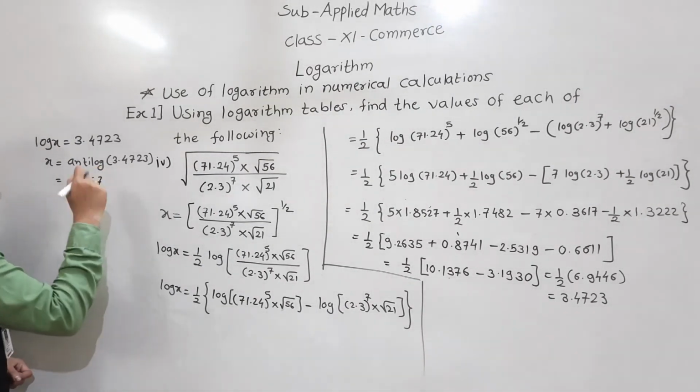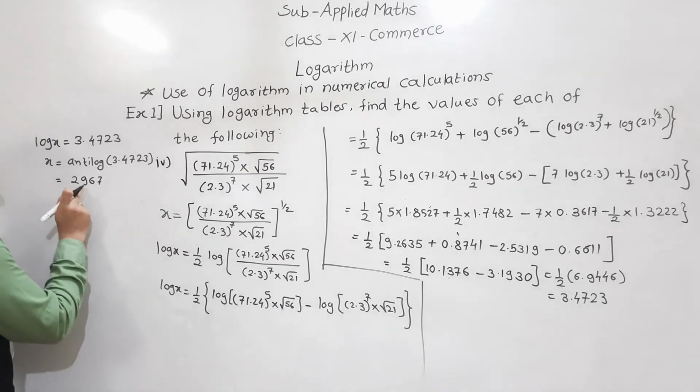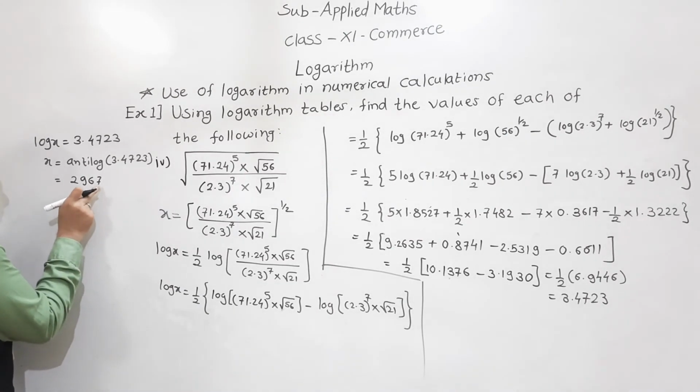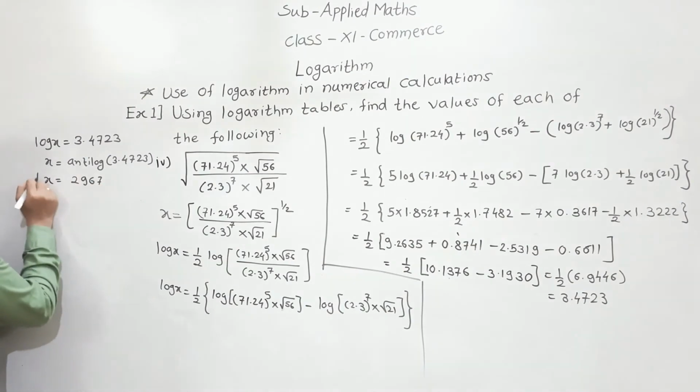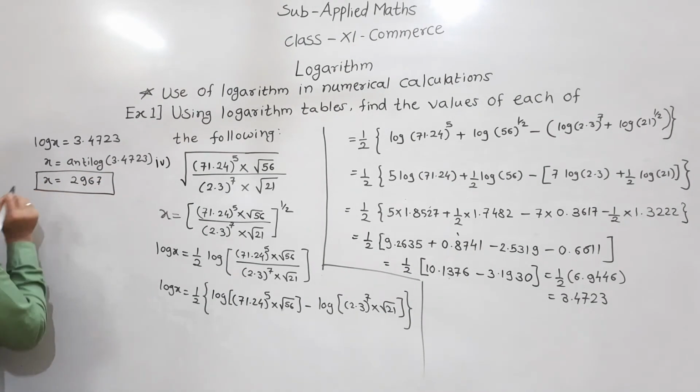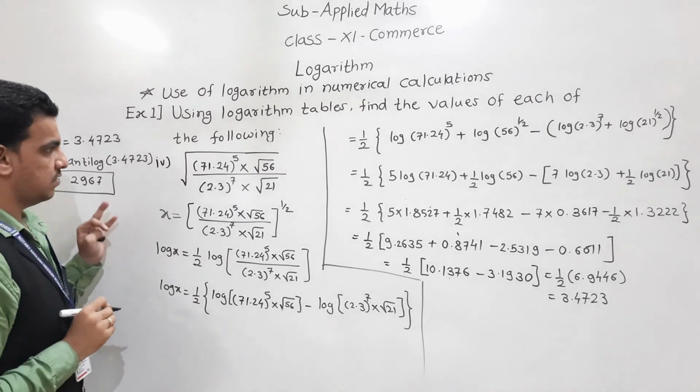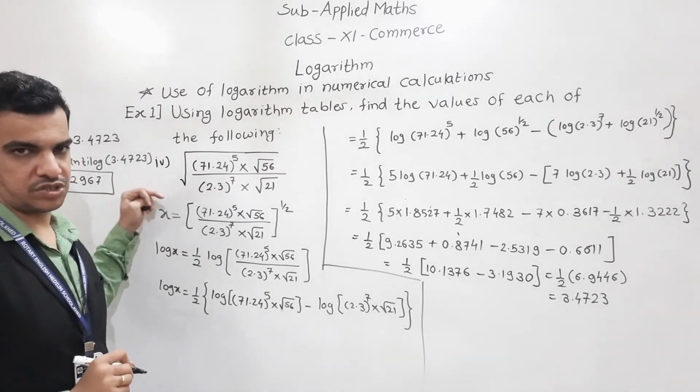Characteristic is 3. Add 1. So 3 plus 1 is 4. So decimal point give after 4 digits. So decimal point is here. Means x is equal to 2967. Okay. Understand this? Now we will take next question.